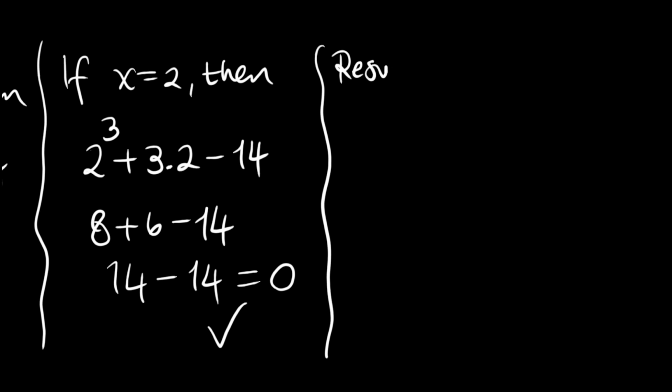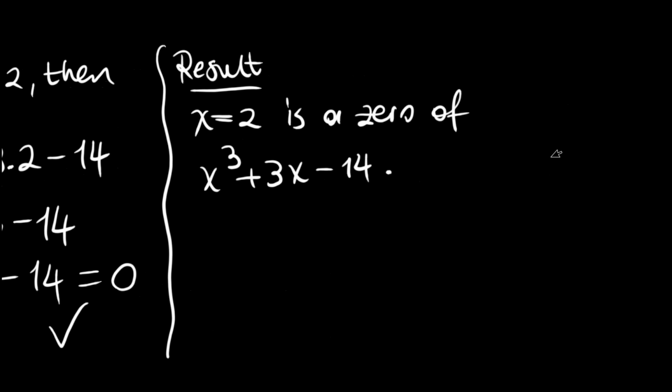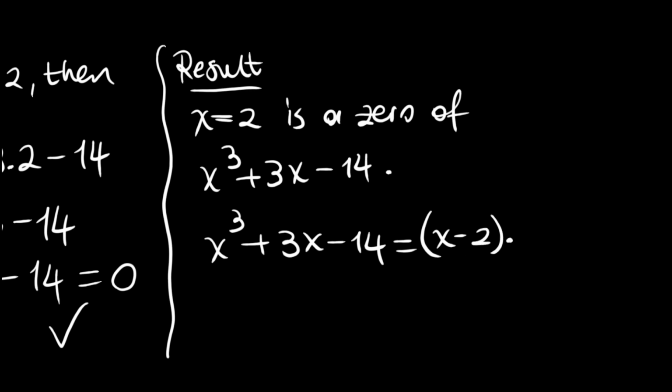As a result, x is equal to 2 is a zero of the polynomial x cubed plus 3x minus 14. This is one of our roots now. Now we will try to factorize our cubic x cubed plus 3x minus 14 into x minus 2 times some quadratic expression.